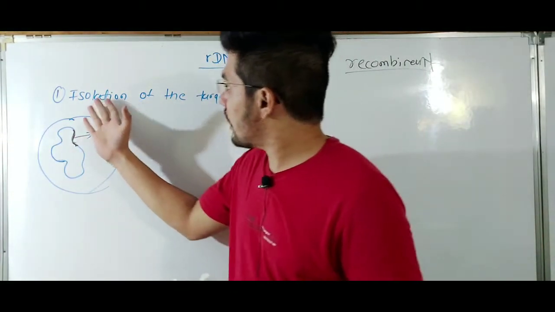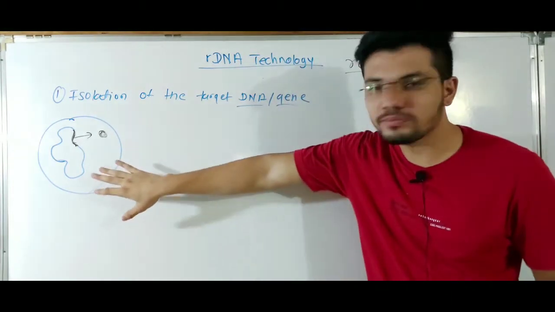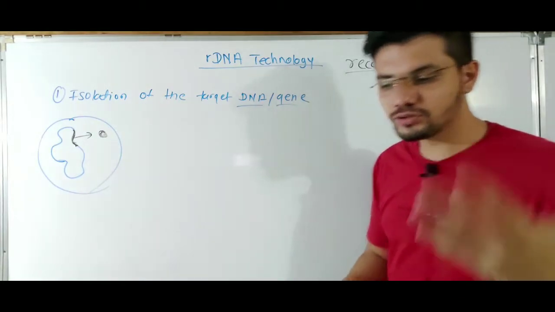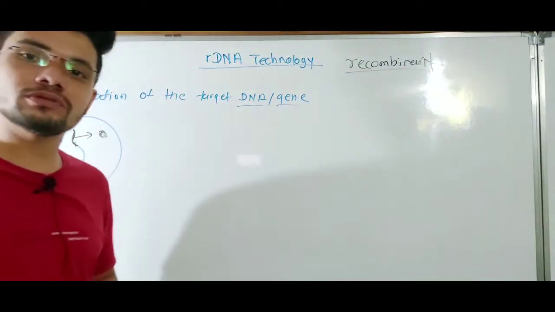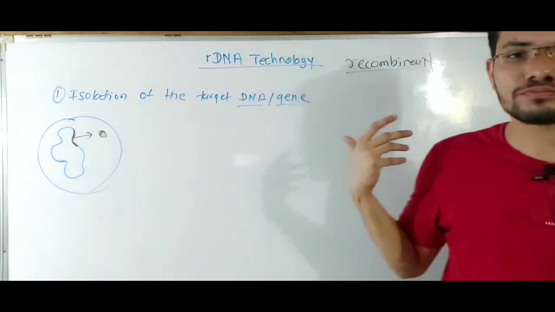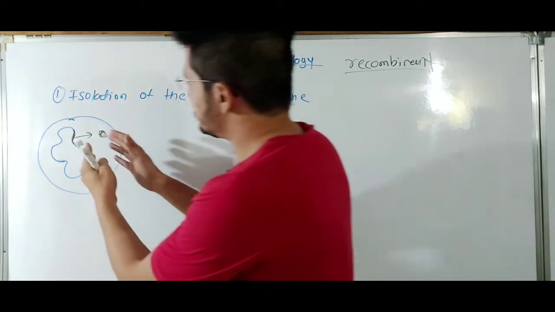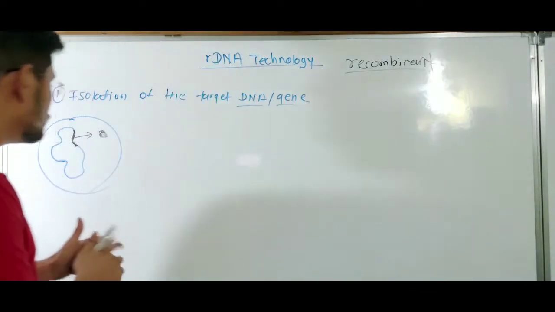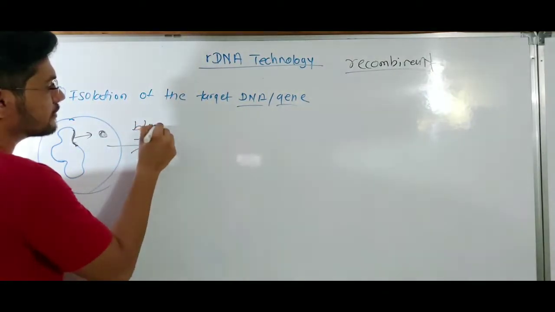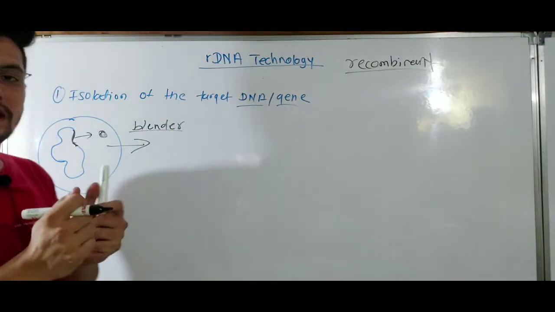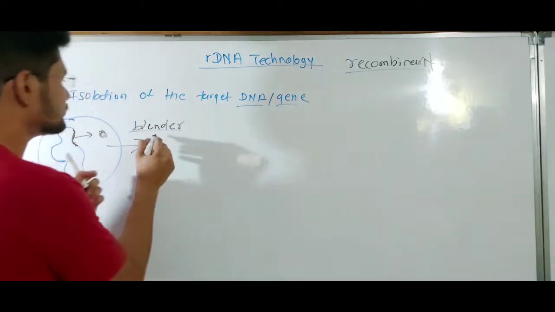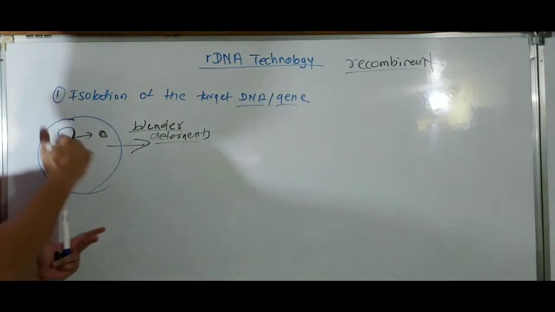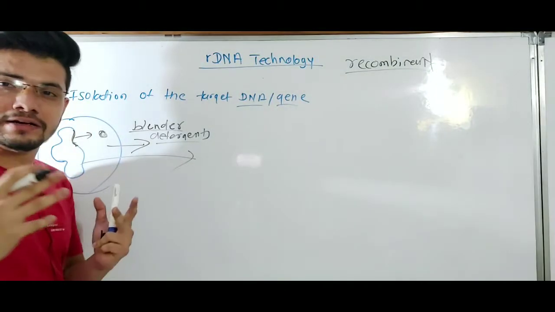So we have to take this DNA out of these cells, because we have to recombine it with vectors and inject it into the host, which is going to give us that insulin. Using blenders, shearing forces and some particular detergents, we break the cell and take the chromosome or DNA out of the cell.